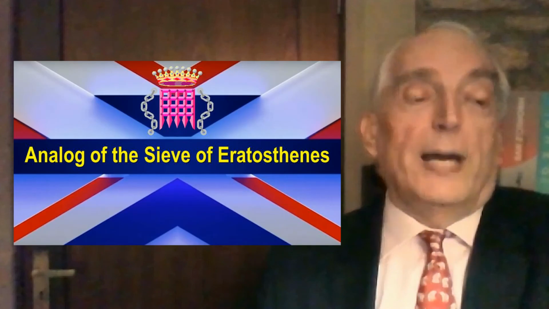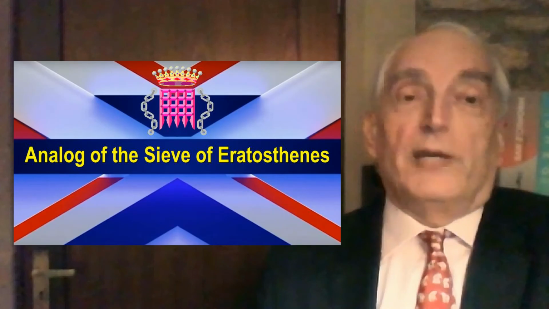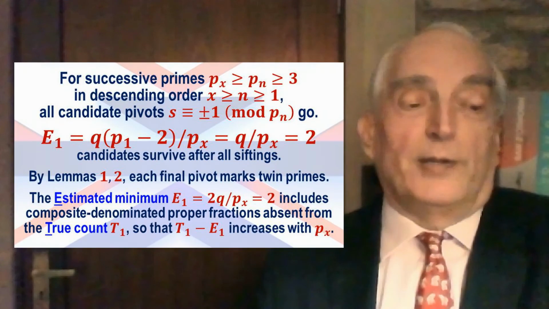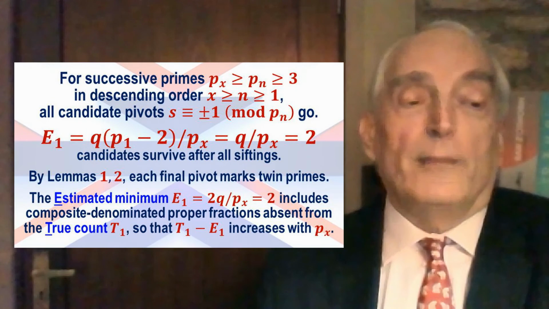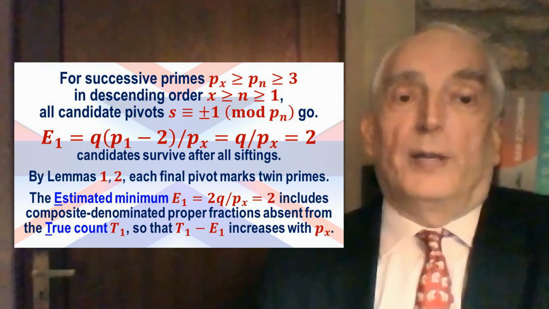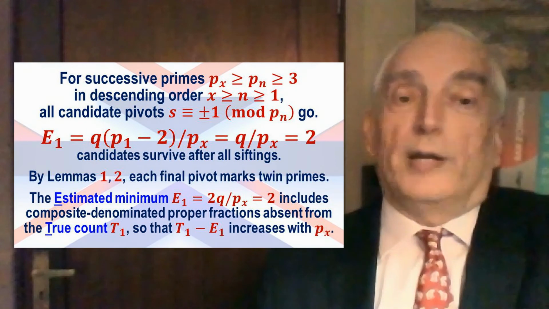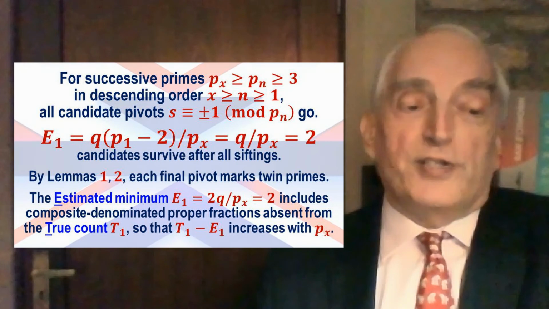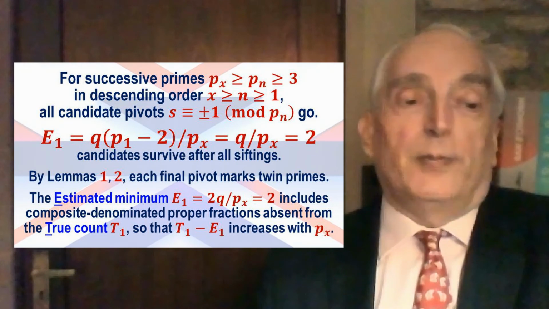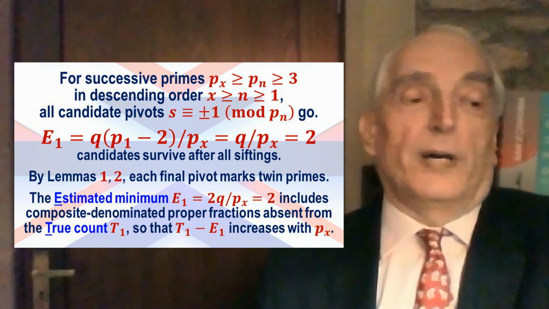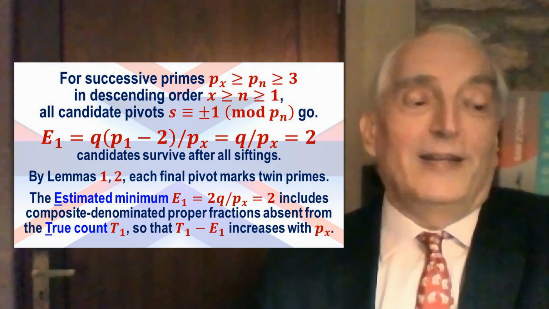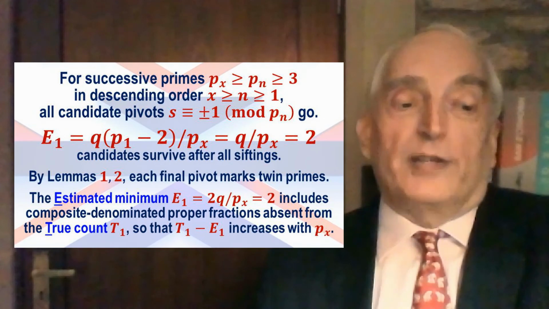Now the analogue of the sieve of Eratosthenes will be applied. It works in very much the same way. For successive primes going from Px all the way down to p1 equals 3 in descending order, all candidate pivots s congruent to plus or minus 1 modulo pn are eliminated in successive stages.